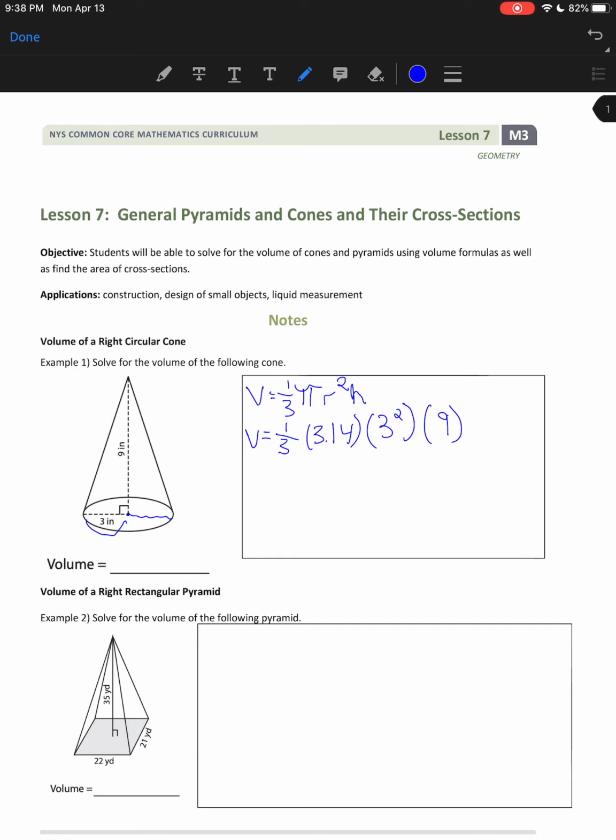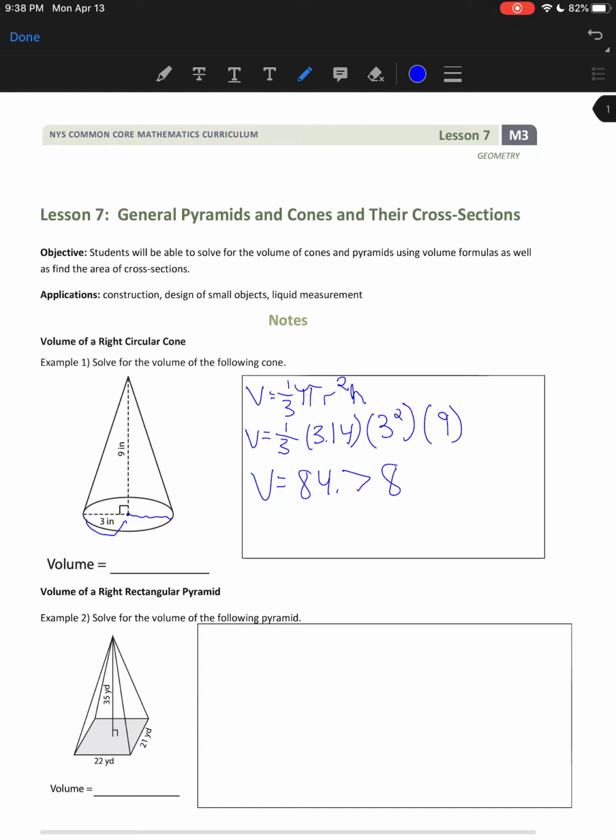If you put that all into your calculator, you should get about 84.78. So our answer here is 84.78. And that would be our volume.